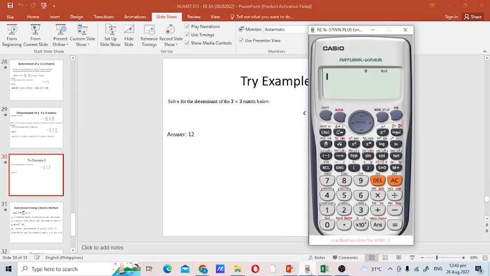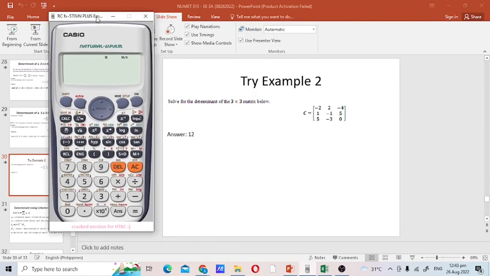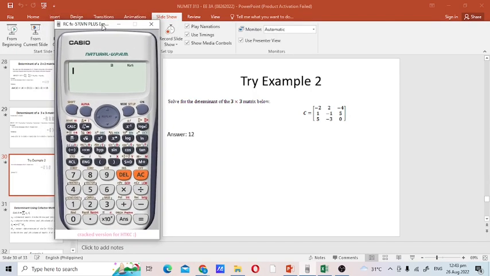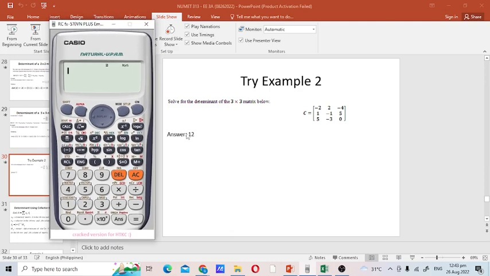No. So if you have this calculator, I'm encouraging you to have a calculator during exam for those who don't have laptop. No. So kasi mag-solve tayo using calculator.